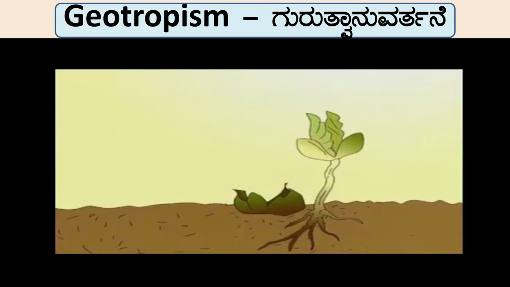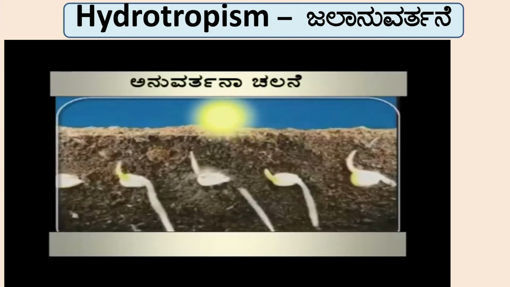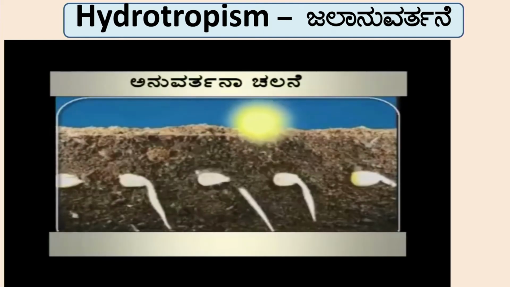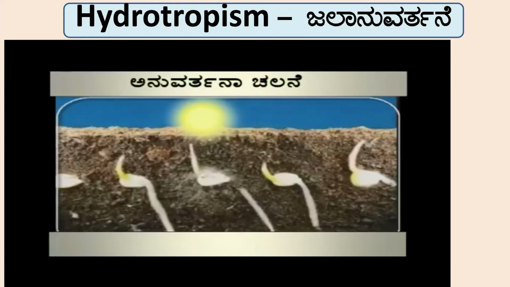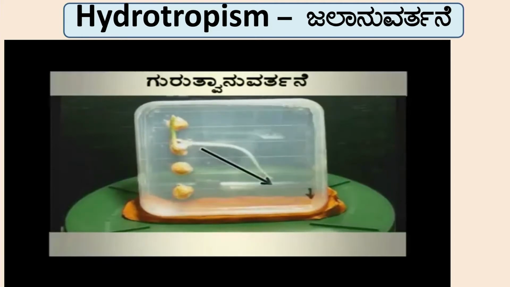Next we will see hydrotropism. In this the roots are growing towards water. You call it hydrotropism, where hydro means water, and tropism means growth or moving towards that.